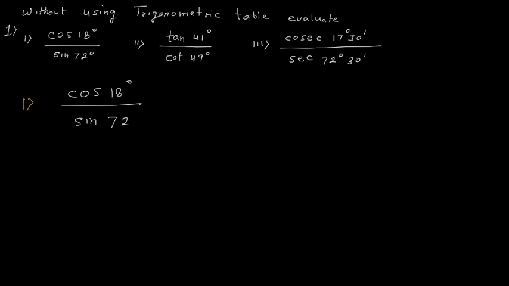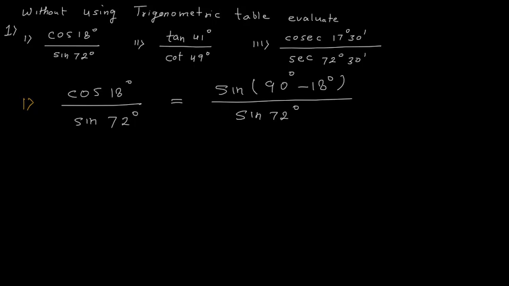As we discussed in our previous slide, I can change cos in terms of sin or sin in terms of cos. The rule is simple. If I want to change cos in sin, I have to subtract this angle from 90 degree. So cos 18 degree can be written as sin 90 degree minus 18 degree, and denominator is sin 72 degree.